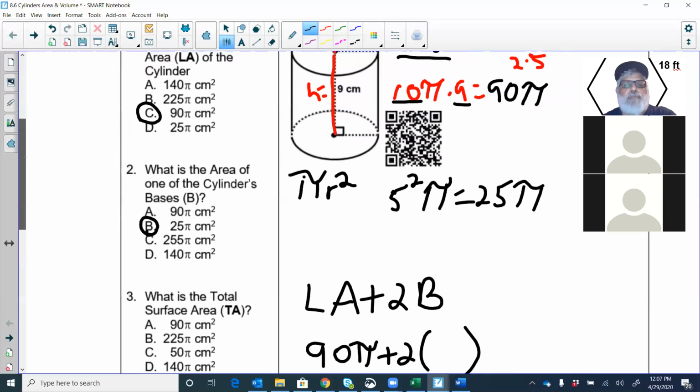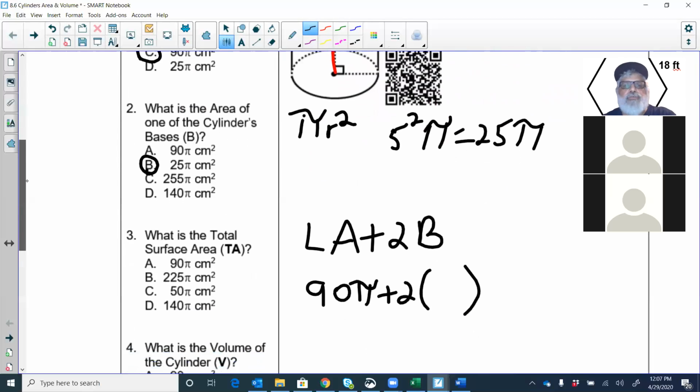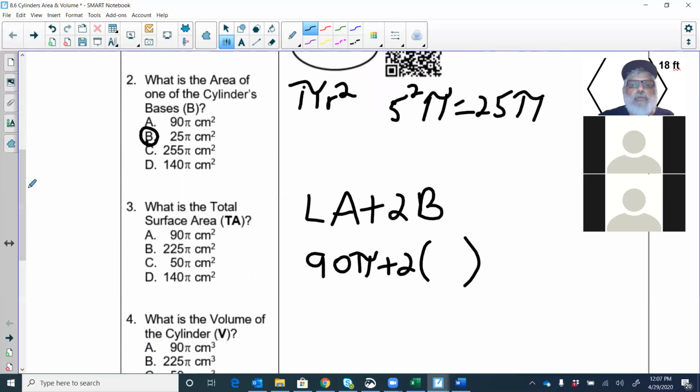Area of the base, we found that on number 2. Remember, pi is part of the answer.